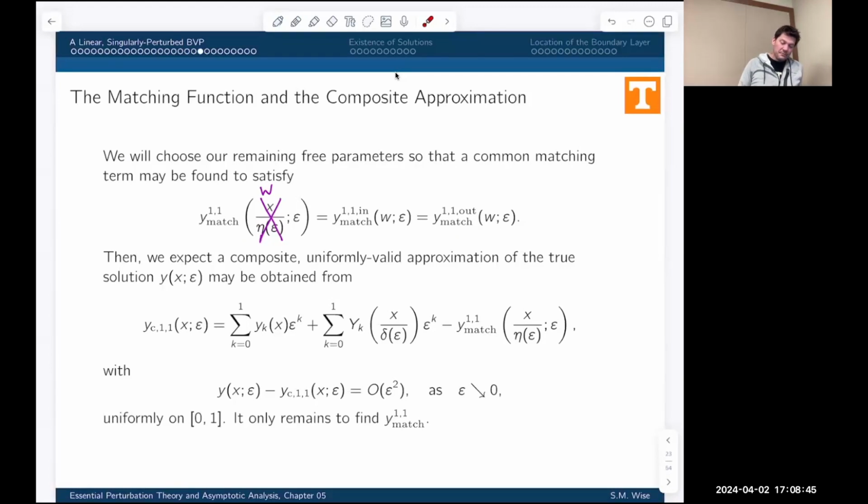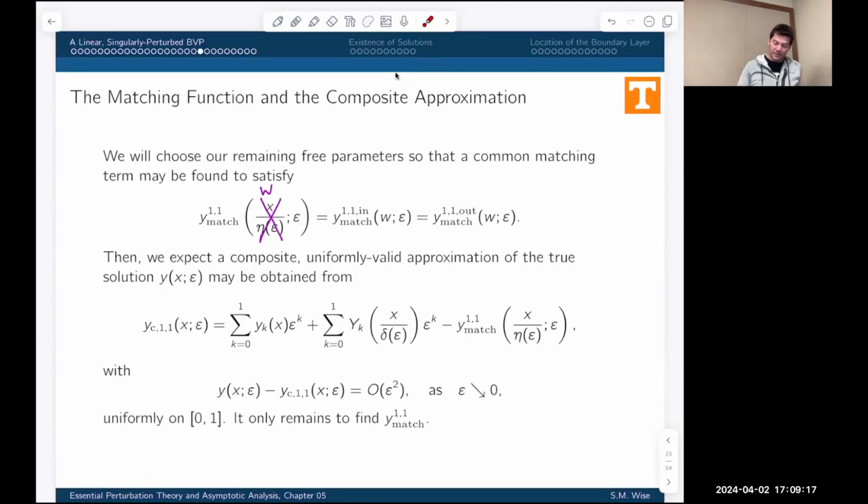Then, to obtain a uniformly valid composite approximation over the entire interval, I can do that by adding up the outer solution plus the inner solution and subtract off from it the matching solution. Remember that? So we take the outer solution, add to that the inner solution expansion, only up to the first order term, first order correction, and we're going to subtract off whatever matches, because if we don't do that subtraction, then we're going to get double counting.